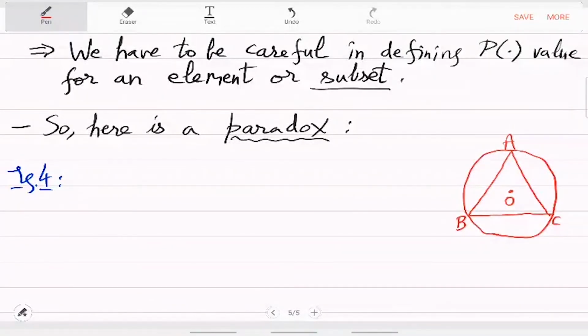Right. So if you look at the radius, since this is 1, and since the radius is 1, the angles are 60 degrees.